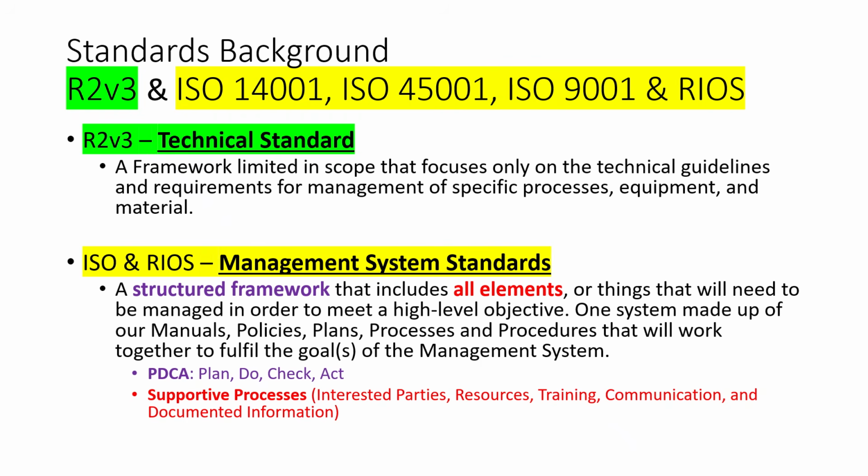ISO and RIOS are going to be management system standards, meaning their frameworks are going to be a lot more structured, inclusive, and robust in that they're going to give us everything we'll need to manage as an organization to meet the goals of whatever it is we're trying to accomplish within the management system or as an organization.